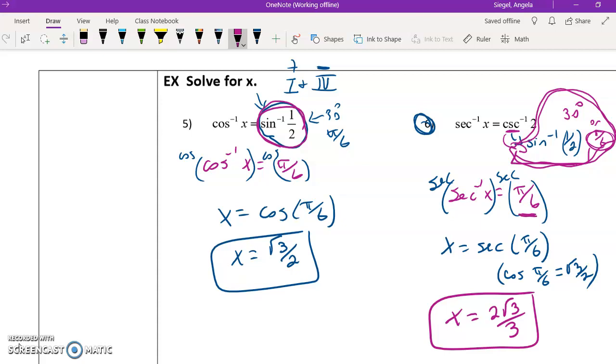So that's where I came up with that. Then I took the secant of both sides, and again, dealing with the reciprocal function is not in our comfort level. So I thought about, well, what would the cosine of 30 degrees or pi over 6 be equal to? On our hand trick, that's going to be square root of 3 over 2. So secant would just be the reciprocal of that.